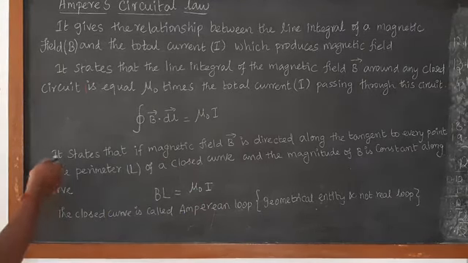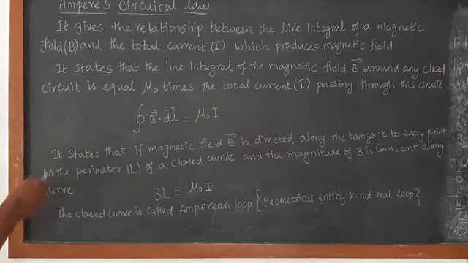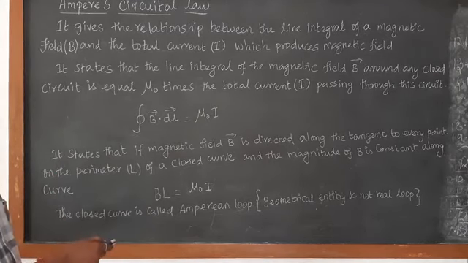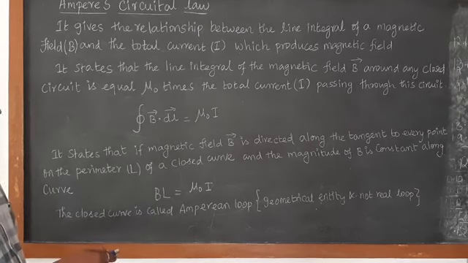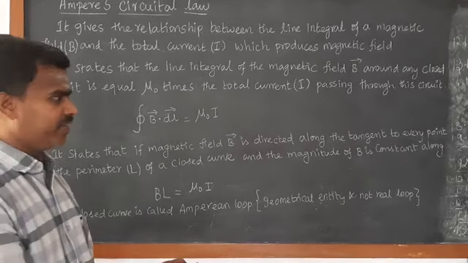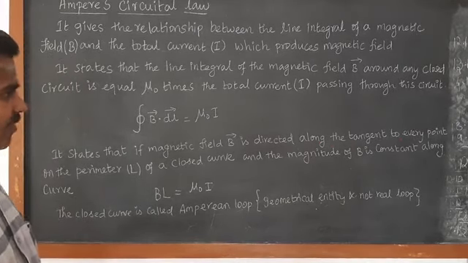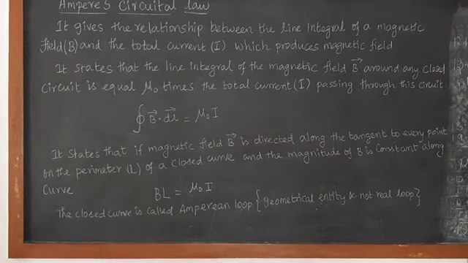And another modified form of the Ampere circuital law states that if the magnetic field B is directed along the tangent, yes, here I mentioned very clearly, B is directed along the tangent. We are taking the tangent at each and every point of the perimeter. Suppose if you are taking a circle, then we say circumference, that is the perimeter of the circle, right?